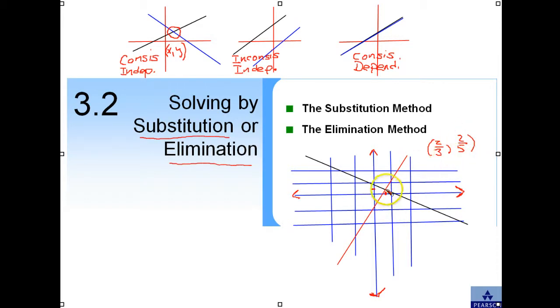So again, we're not sure because we don't have a grid point. Now, if we had a graphing calculator, we could go up along it and then eventually figure out the points. But when you end up with a fraction, something's not on a grid point, graphing is not a good method. It shows what's to be expected. It's going to be some ordered pair where they intersect, and it might be this, but we don't know for sure. That's why we have the other methods. So let's go on.